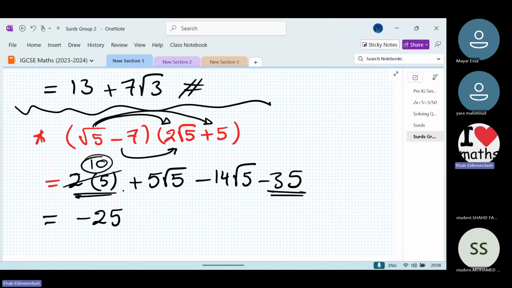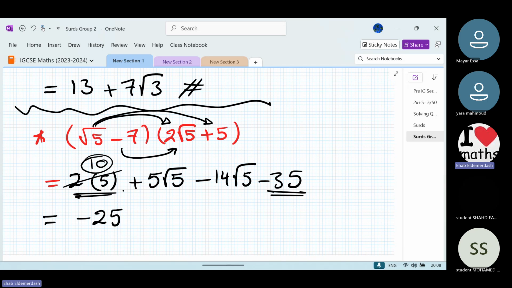So we can, or we have to, add them together. So 10 minus 35 will give me minus 25.